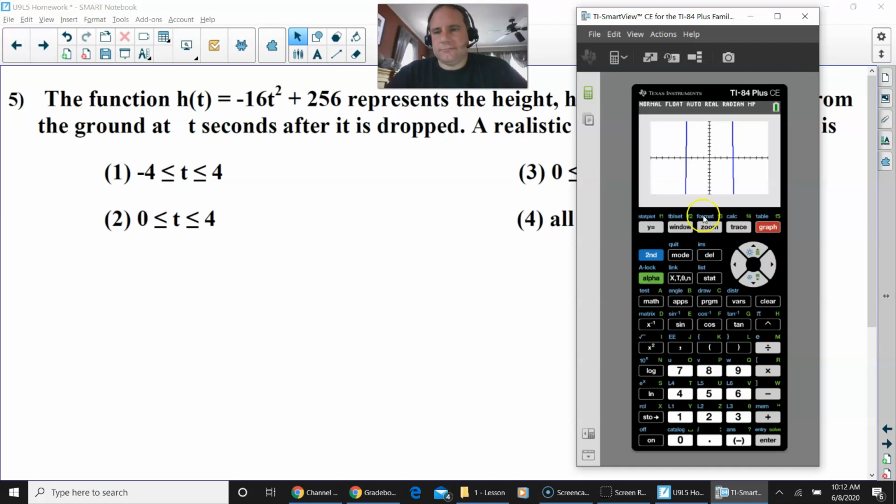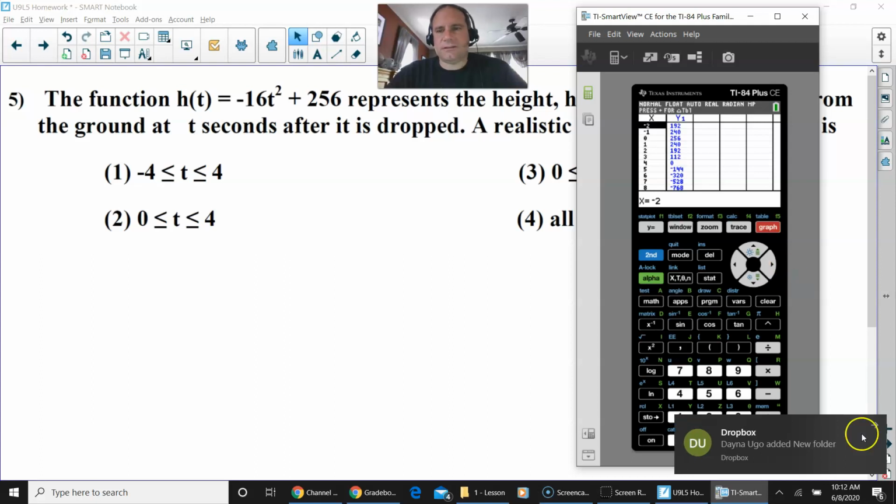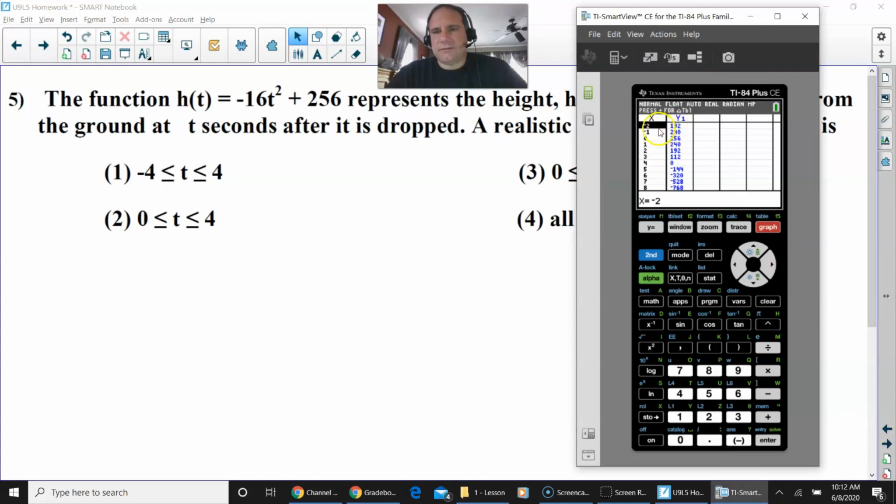Okay, so I'm going to press second function table just to see what is going on here. I'm looking at the x values, and as soon as the x value is negative, is that a realistic domain for the height? No.